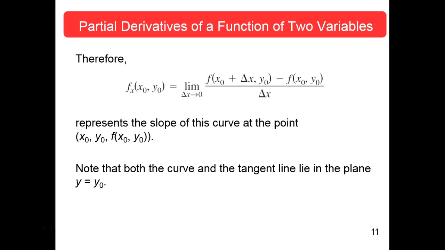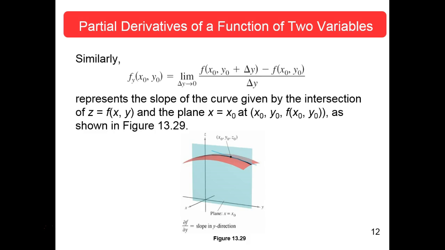That represents the slope of that curve at the point x0, y0, and f of x0, y0, which they earlier called z0. Notice that both the curve and the tangent line lie in the plane y equals y0. It's got to be. The curve and the tangent line to the curve are in that plane.